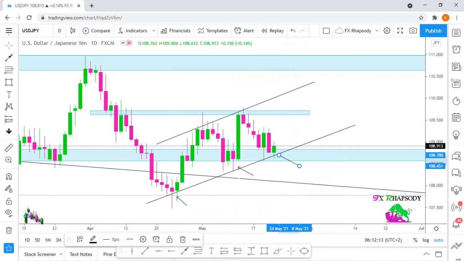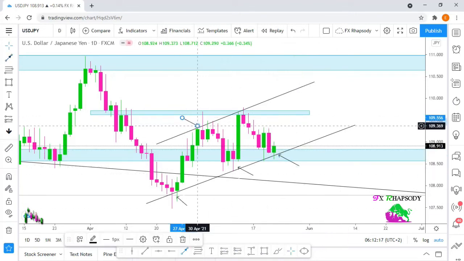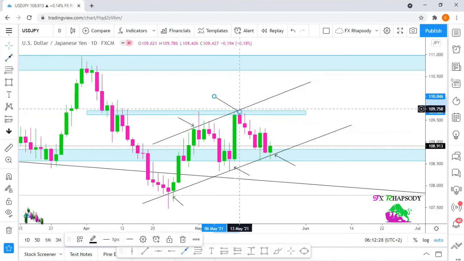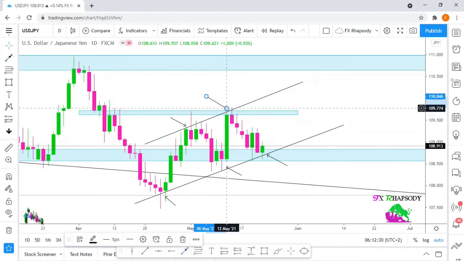What is wrong with my cursor today? On the top side we can see all these multiple retests on that trend line, not breaking it, almost coming to break it, closing within it or just below it, and we can see another nice touch there before it started heading down.